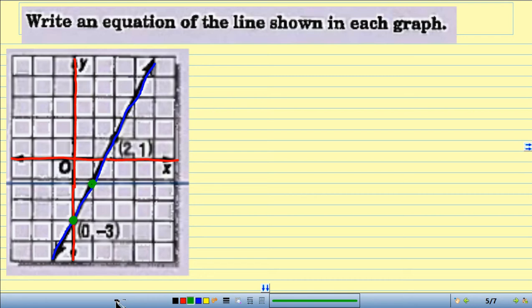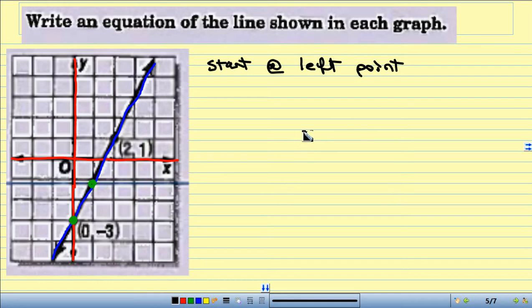Now, what I want you to do, all you are going to do is start at the left. Start at the point on the left. So this point's on the left, this point's on the right.